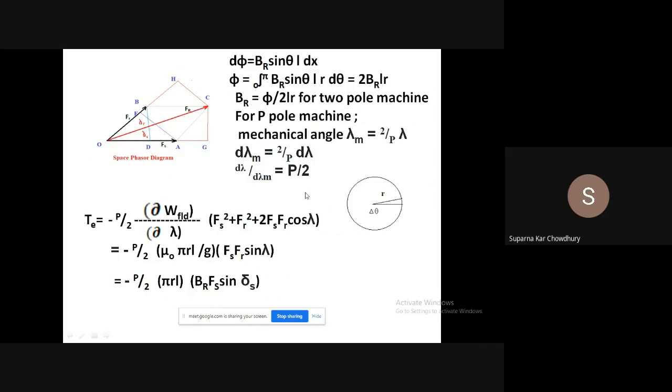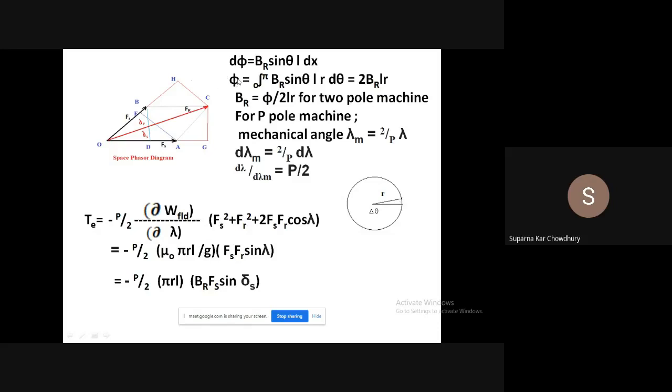Now here, if we consider this is a flux density distribution that is sinusoidal, what is the flux per pole? d phi is, say it is circular, so small angle delta theta, so d phi is Br sin theta L. If at a particular point the flux density is Br sin theta, then Br sin theta into L, the length of the armature, into this small dx, will be the flux through this small area.